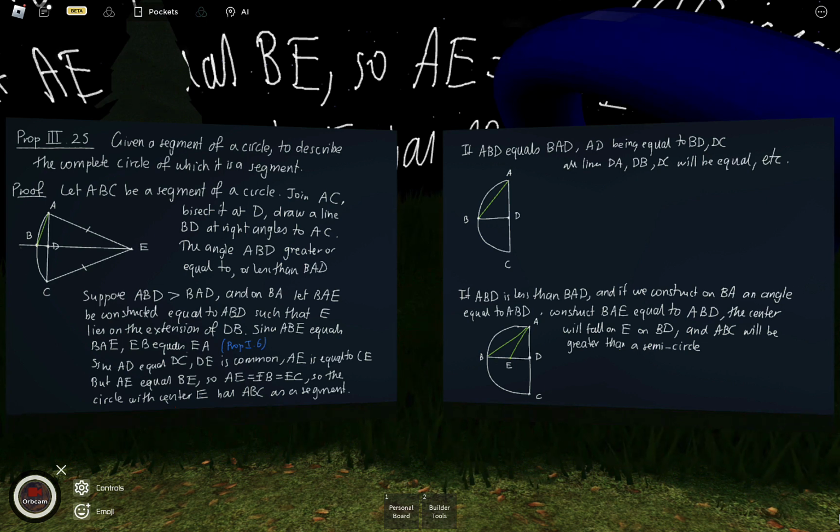Okay, so we can construct E, then we argue as before that EB equals EA equals EC. And then we can just appeal to proposition 9 again, right? We've got 3 straight lines, so we know E must be the center of the circle. So it's the same argument as before.